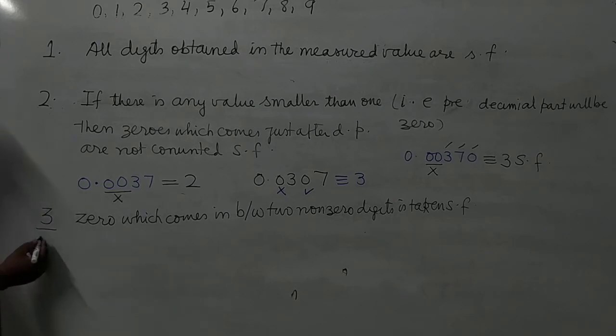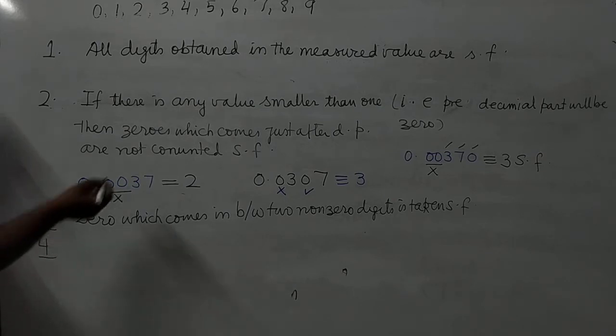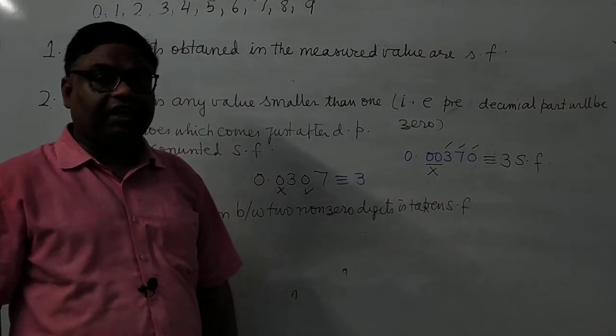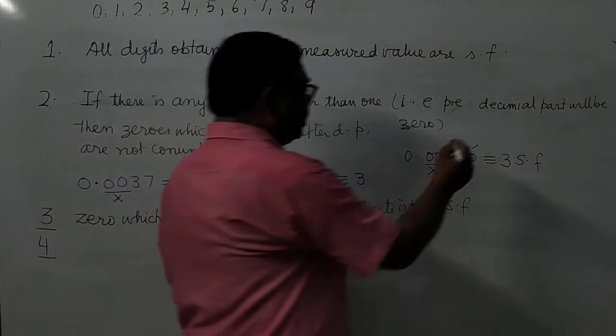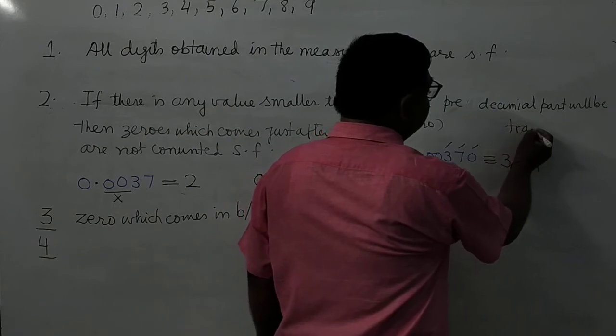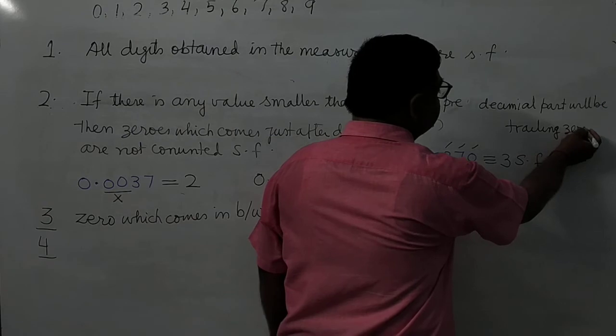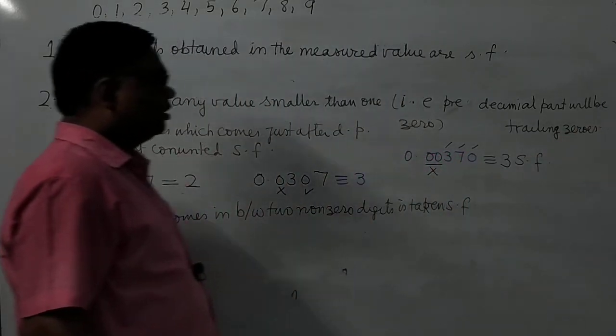Now there is one more rule. Trailing zeros. These are zeros which come at the last, and are called the trailing zeros. It's clear?